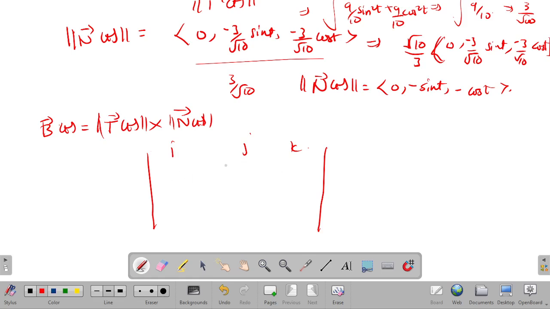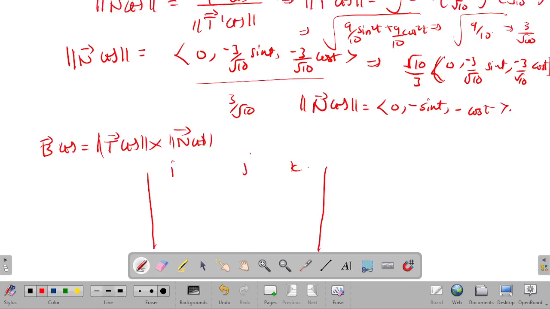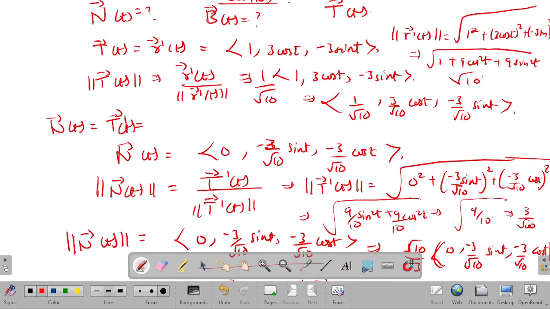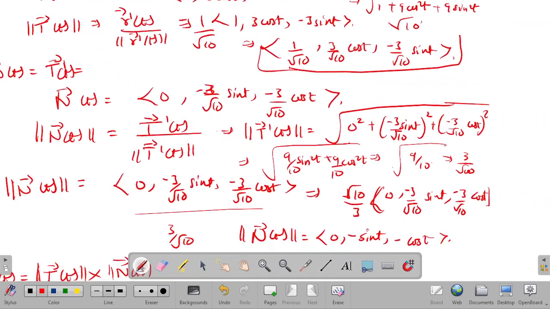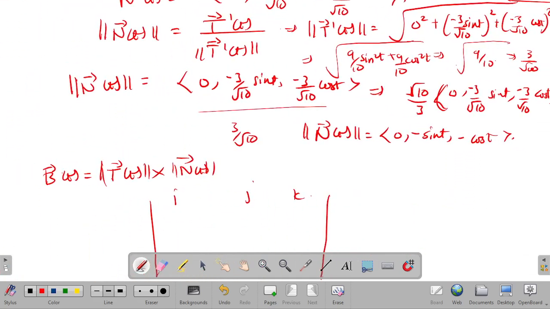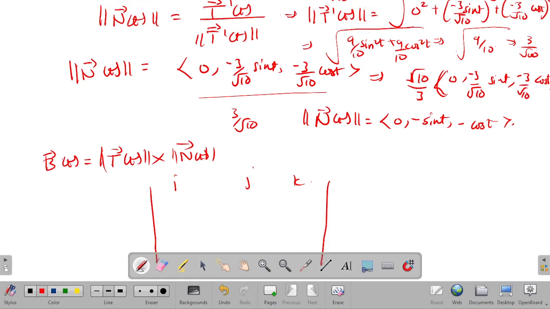For the first row, we have the tangent vector. The unit tangent vector we got was 1 over root 10, 3 over root 10 cos t, and negative 3 over root 10 sine t.